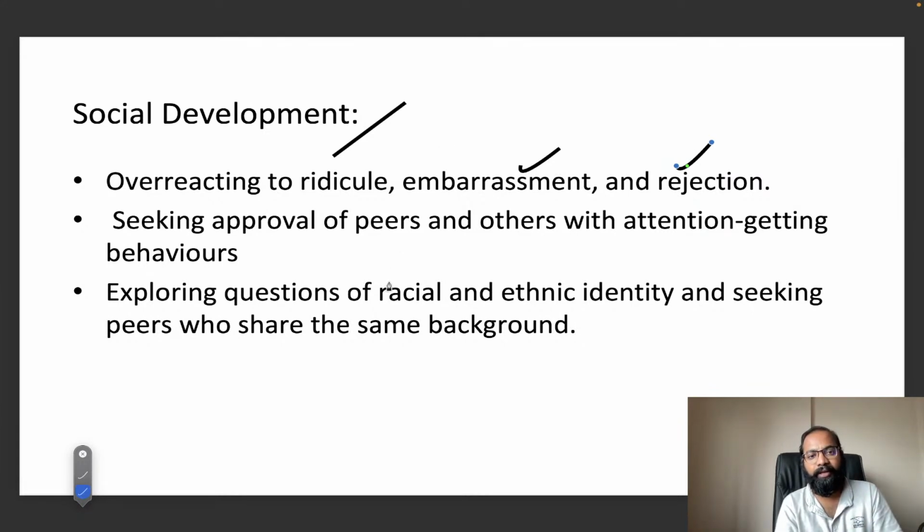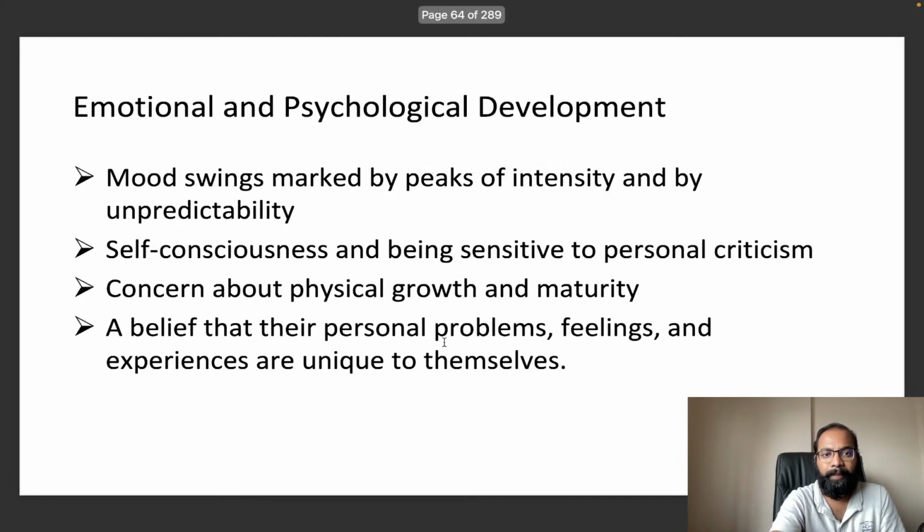Okay, and if anybody shows some kind of attention to adolescent learners, they will be immediately attracted towards them, and they will continuously ask questions about things like race and ethnic identity. Okay, and they will try to get answers regarding racial matters and ethnic identities from society.